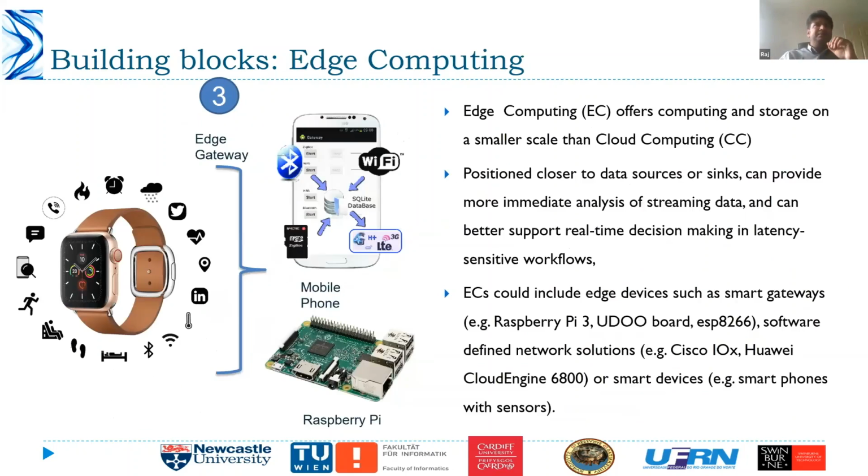And as I said, in the middle layer you have edge computing devices, which are small-scale computers like a Raspberry Pi or a mobile phone, where you can collect data from, for example in this picture, a smartwatch. This could be a temperature sensor or a building sensor. It could even be a small autonomous car. At this layer, you can pre-process the data before you pass it to the cloud, to some kind of big AI engine to do decision making.